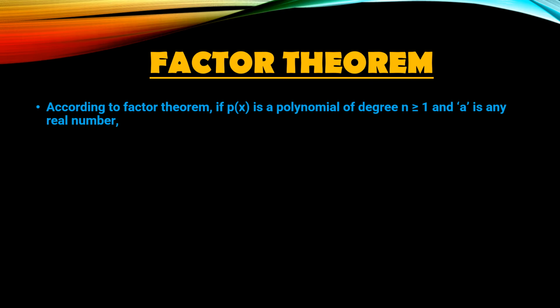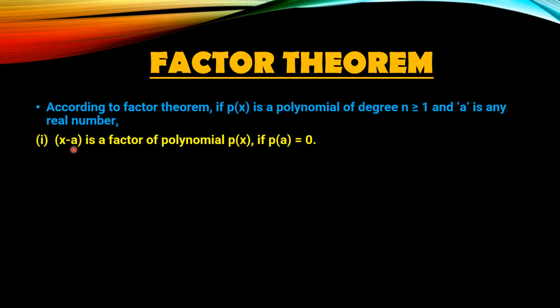According to the factor theorem, if p(x) is a polynomial of degree n greater than or equal to 1 and a is any real number, then there are two statements. First, x minus a is a factor of polynomial p(x) if p(a) is 0.